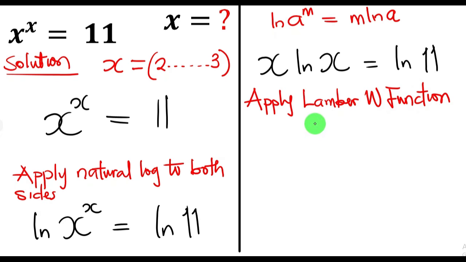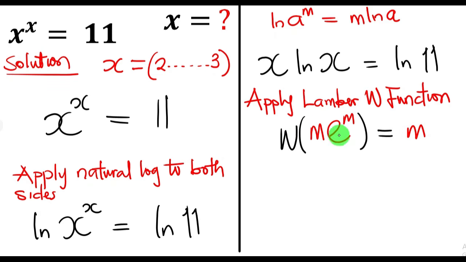What the Lambert W function is saying is that when we have a mathematical format of this nature, m exponential m, and if we apply the Lambert W function to this format, that is W, which stands for the Lambert W function, the result is going to be m.